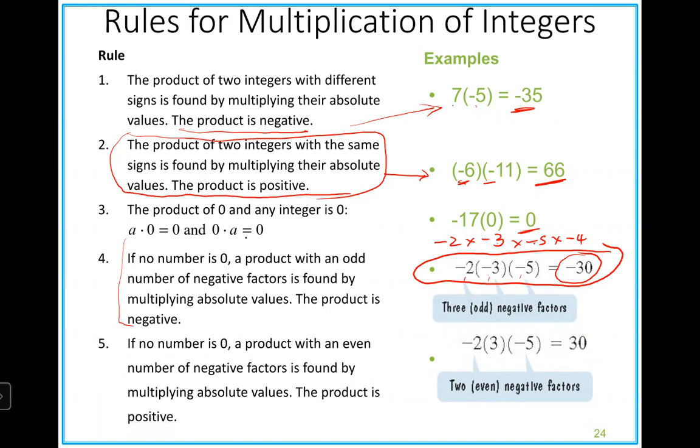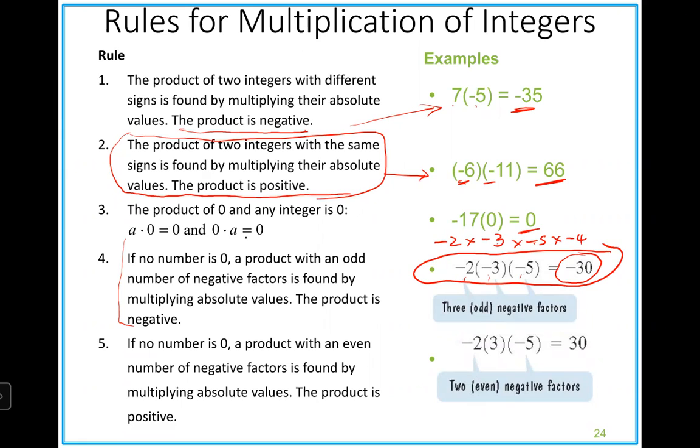And then this last one, number 5, says if no number is 0, the product of an even number of negative factors is found by multiplying their absolute values. The product is positive. Okay, so if you have an even number of negative factors, then the product is positive.